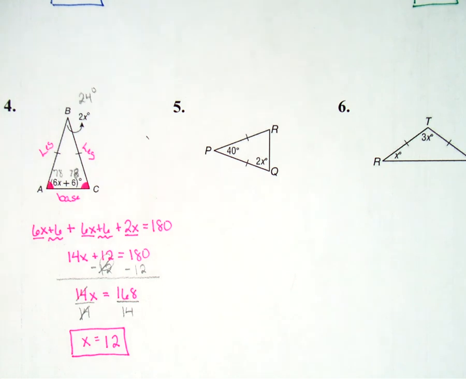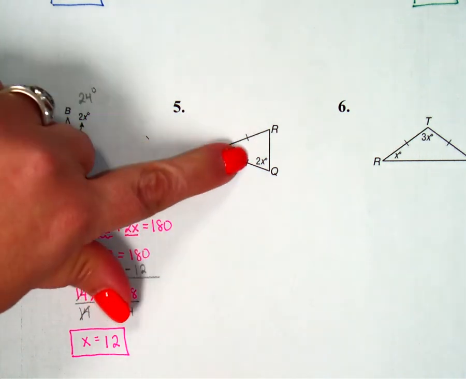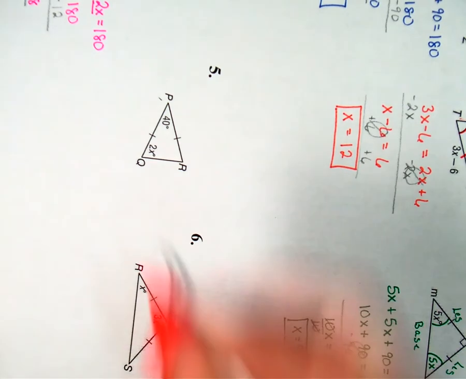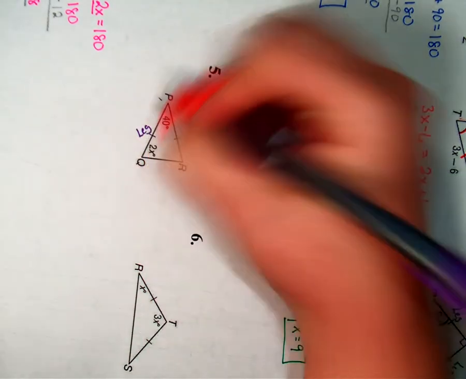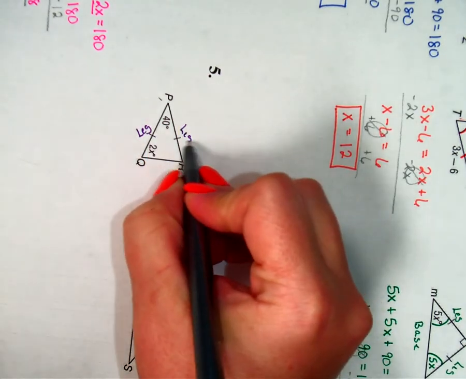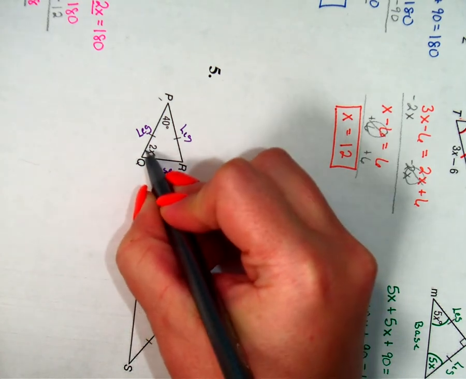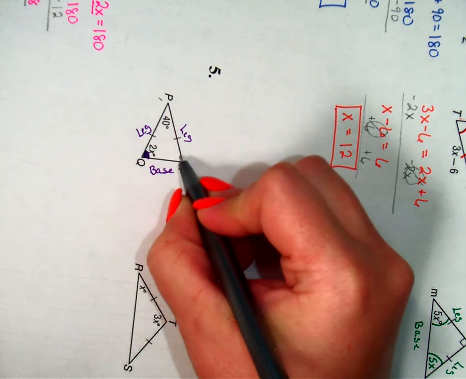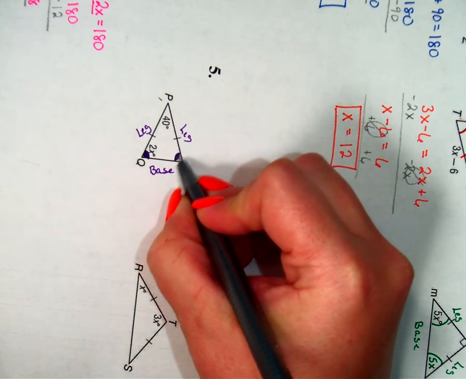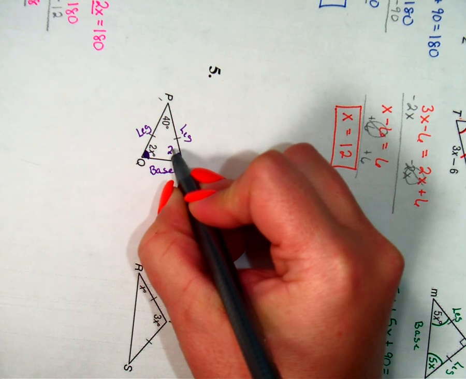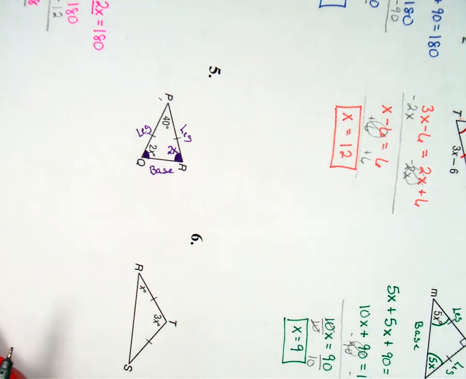Number 5, again, I'm working with angles, and I want to identify where the base angles are. So when I look at this, I see my 2 tick marks. That means my triangle is kind of on its side. This is a leg. This is a leg, which means this is my base. So these are my 2 congruent angles here and here. They are both 2x.